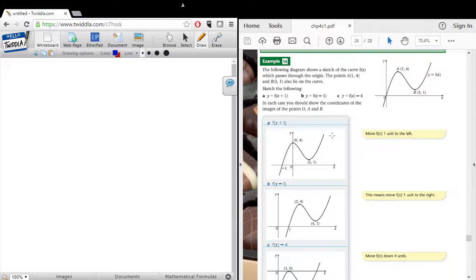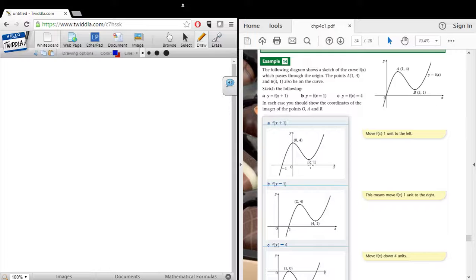So we have f(x) + 1, f(x) - 1, f(x) - 4, of course being mindful of the brackets and where they are. This is your given curve, and so you have to now transform it depending on the different types of transformations.